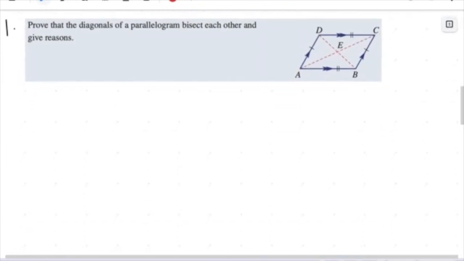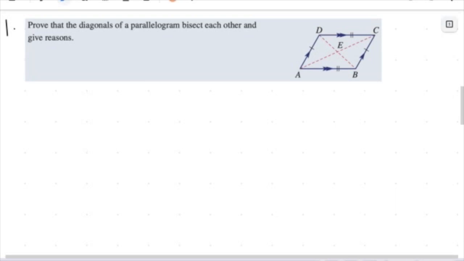So I have a question here, and this is that we want to prove that the diagonals of a parallelogram bisect each other, and we want to give reasons. This is the most important part of this question. Let's look at, first of all, how we can even approach this question, because this is a little bit tricky.